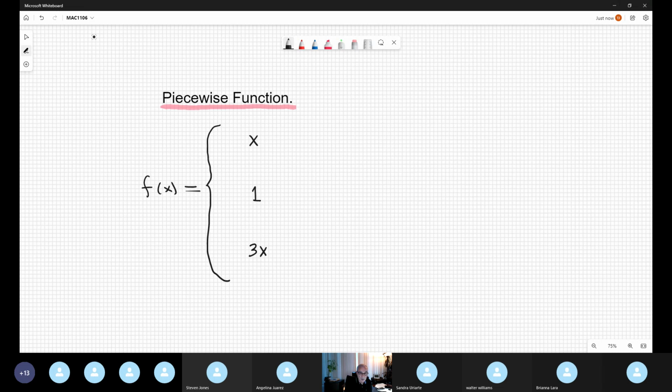This expression is valid if the condition is between -4 and 0, including -4, but not including 0. The second piece is valid if x is 0, only for 0. And the third piece, which is 3x, is valid if x is greater than 0.